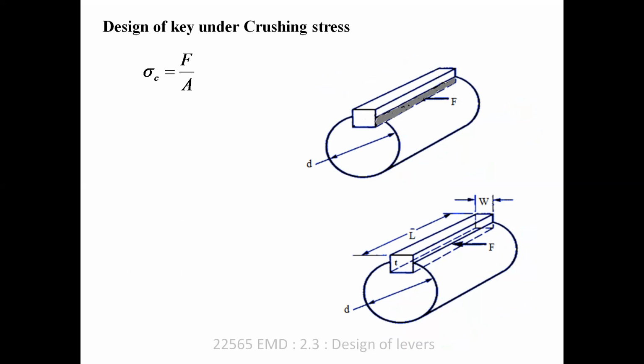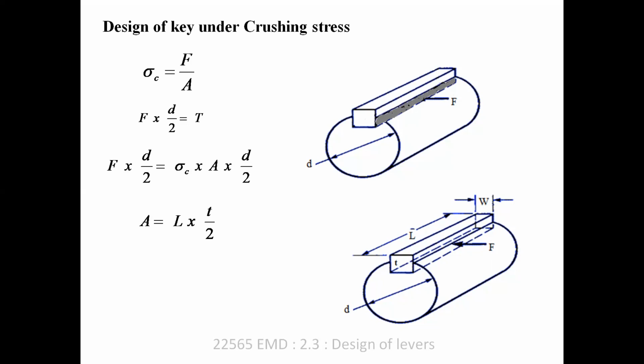Crushing stress sigma c is equal to force divided by area. Again the force in terms of torque: F into d by 2 is equal to torque. In terms of F, we can put sigma c into A into d by 2, so replace force by stress into area.